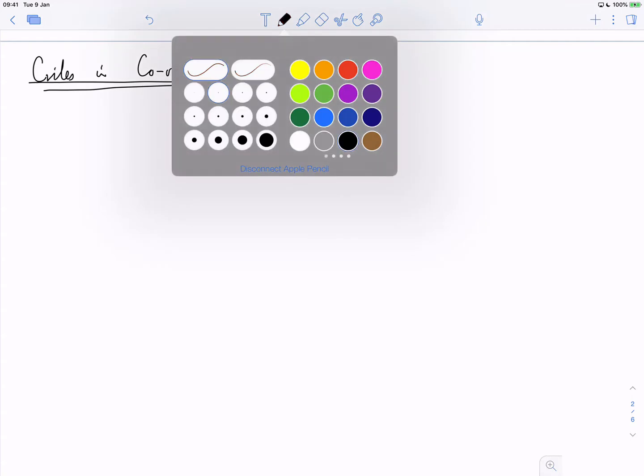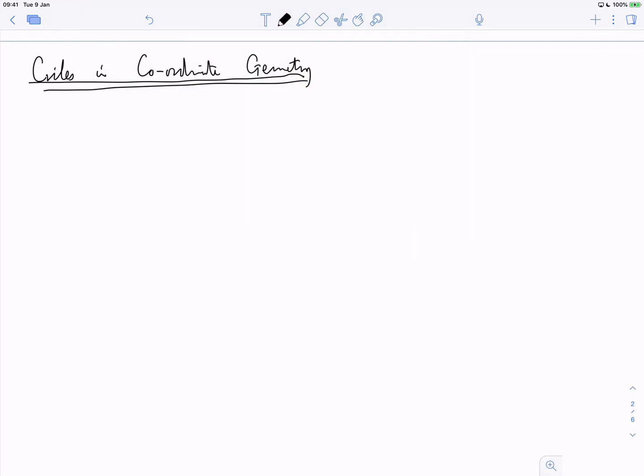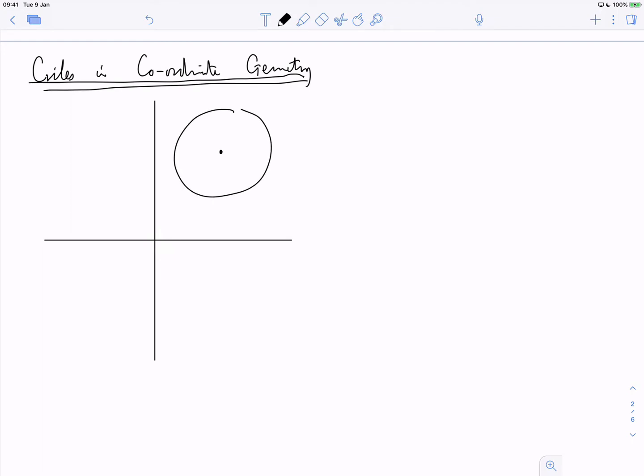Now, circles in coordinate geometry. Let's get to some juicy stuff. Let's suppose I now have a circle that's not centered at the origin. If it has a radius r and it has a center at (a, b), where x is a and y is b, on my xy graph, then the equation of this circle becomes, instead of x squared plus y squared equals r squared, it's now (x minus a) squared plus (y minus b) squared equals r squared.